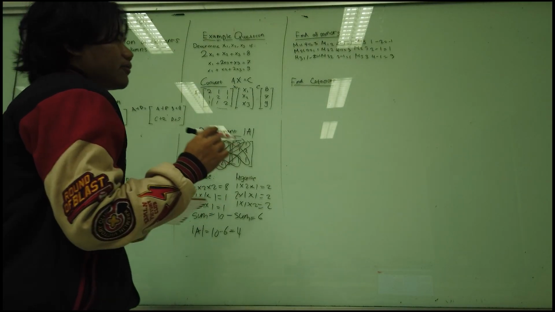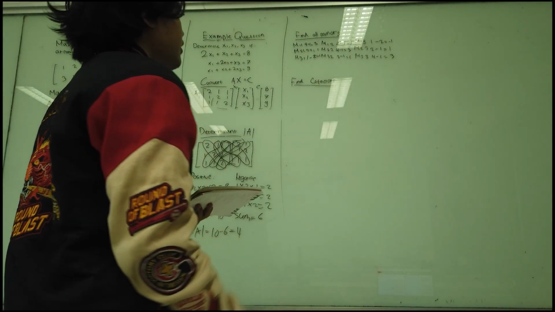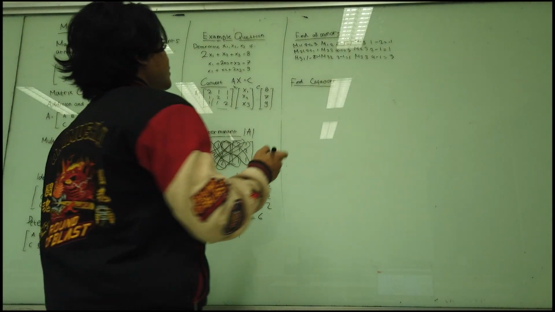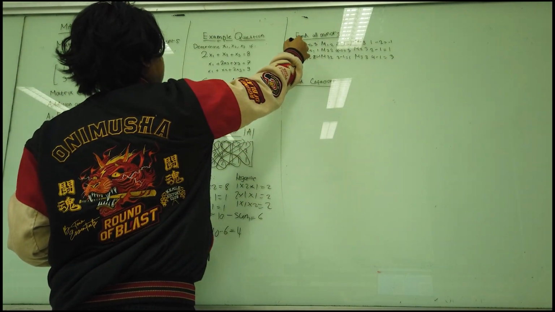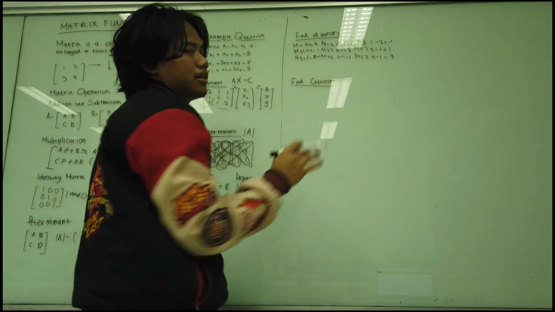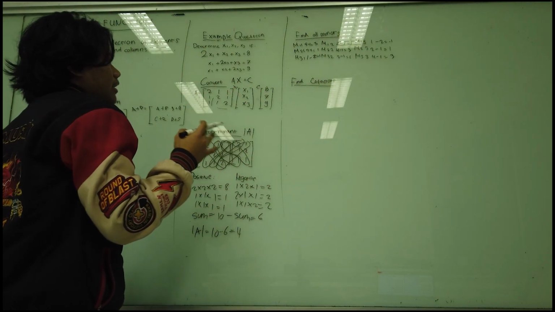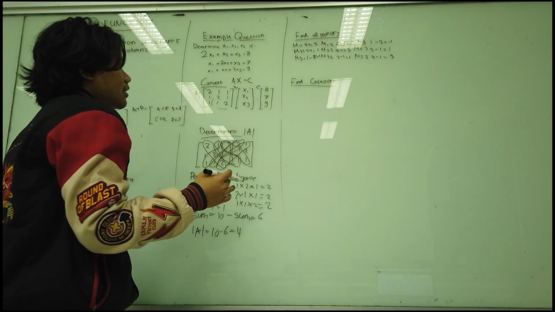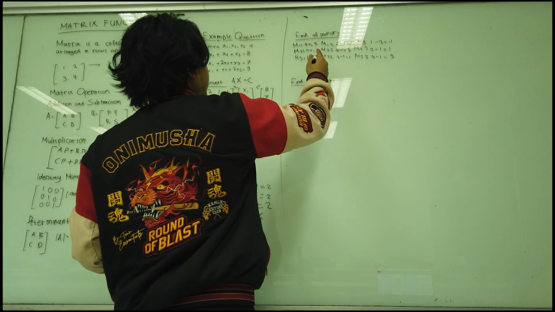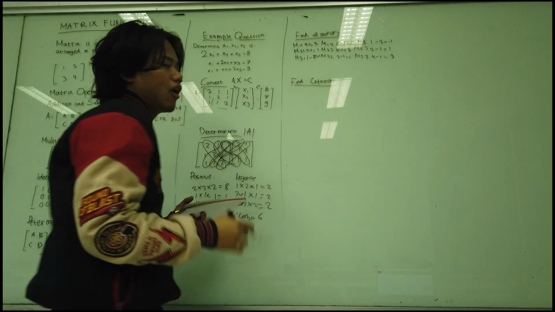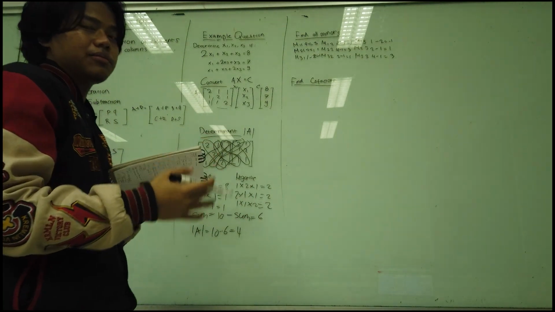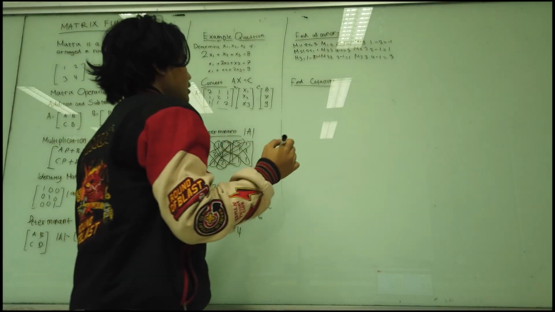Next up, we have to find the cofactors. Basically what the cofactors do is that if the row number added with the column number is even, then the number stays equal. And if the column number added with the row number is odd, that means the result will be multiplied by a negative.